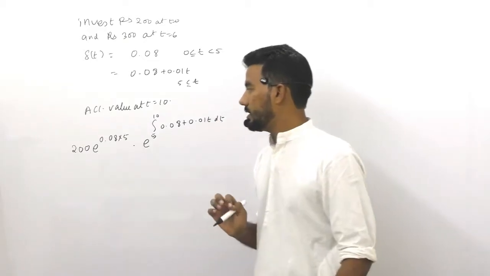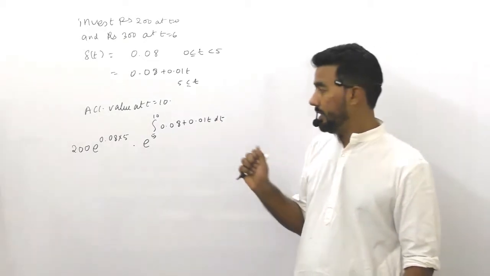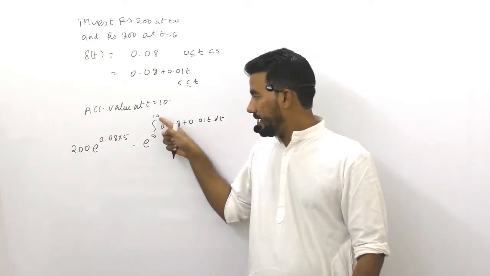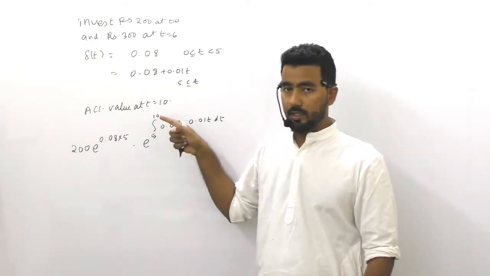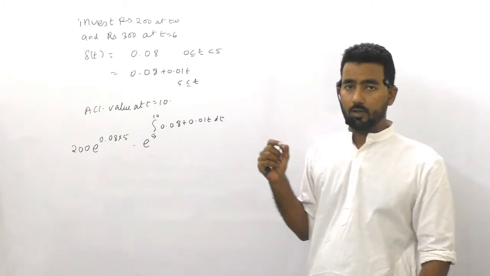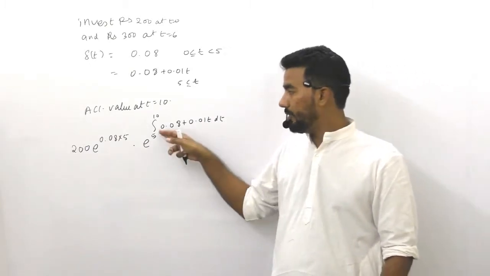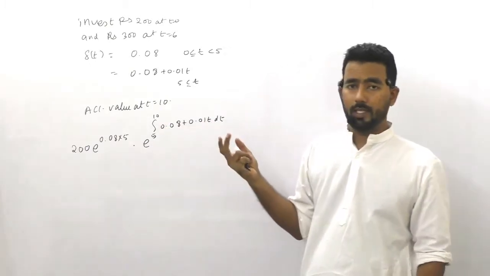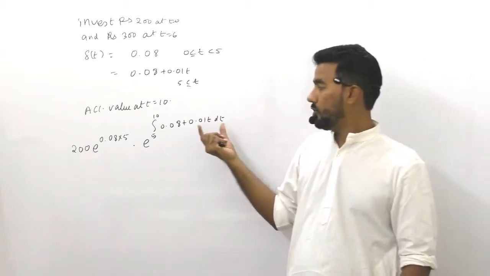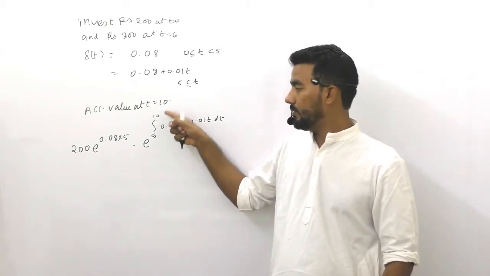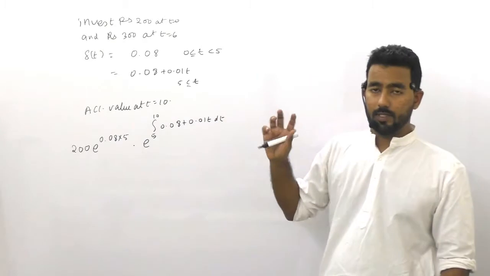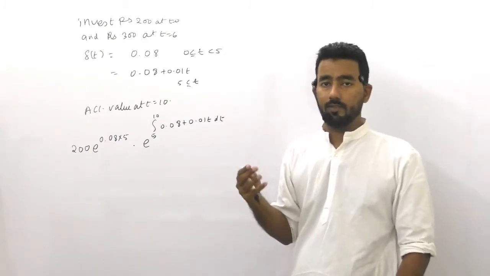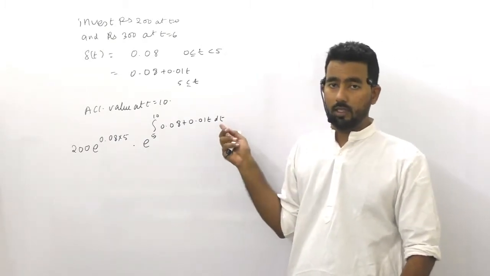While making such an integration, make sure that you use the exact time from which you have to accumulate, from where till where. Sometimes some students make it 0 to 5. Since this is a linear function, it will not make any difference. But when the function is not linear, instead of 5 to 10, if you write from 0 to 5, the answer will come out different.